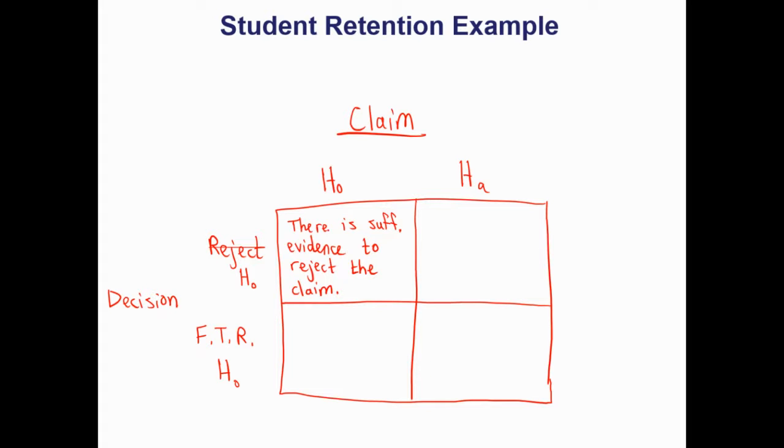Next one would be, for the alternative, if the claim was the alternative and we reject, there would be sufficient evidence. There is sufficient evidence to support the claim.